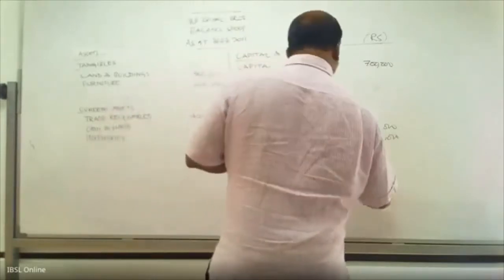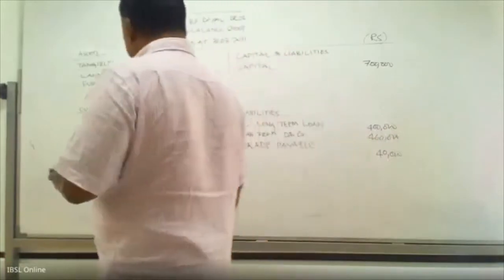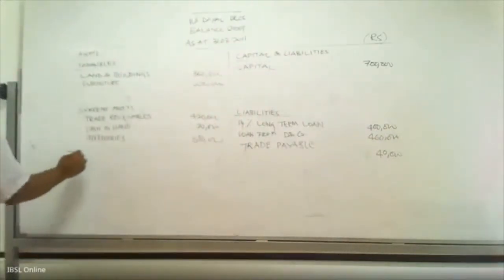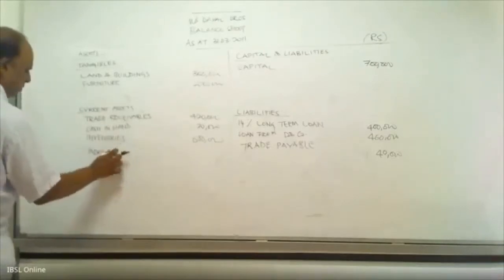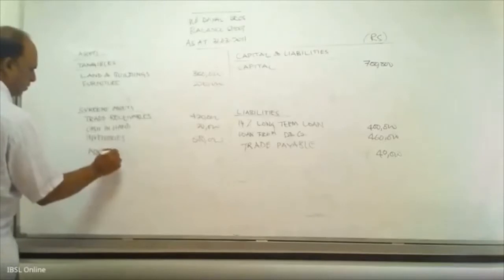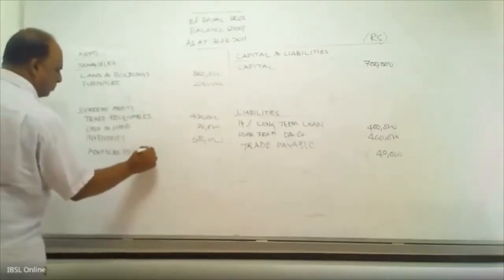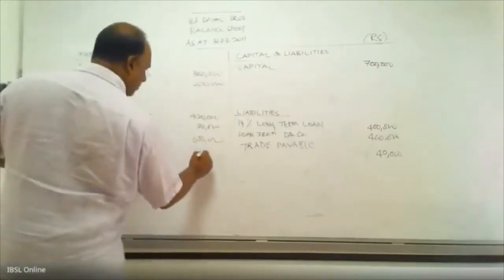Trade payables is 40,000. Then advances to suppliers. That is 100,000.